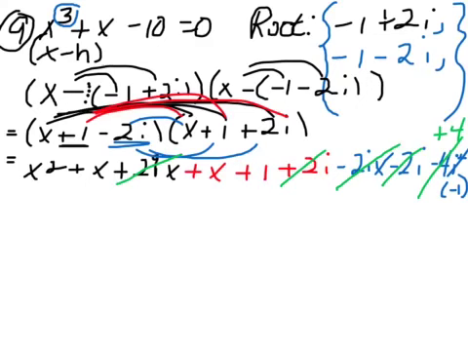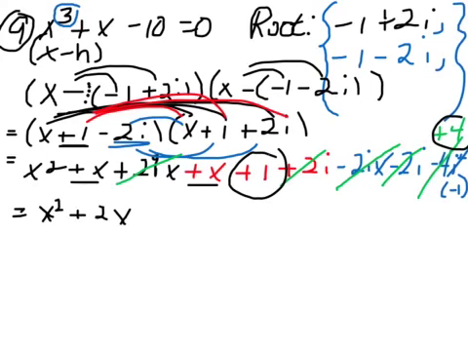Let's see what we have left. We have x squared, and there's a plus x plus another x, so that's plus 2x. And then you've got a plus 1 and a plus 4, and that's a plus 5. If you multiply all that out wrong, you're never going to get the right answer. I know, because I mismultiplied it the first 2 times I did it. So just telling you, you're not the only one if you mess up.